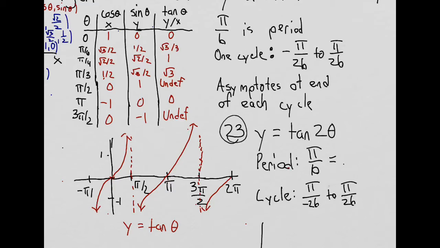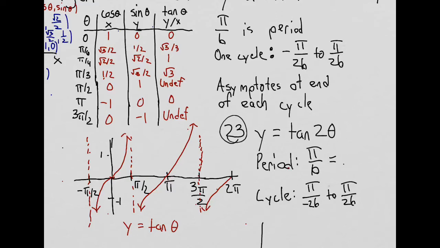I kind of accidentally erased a little bit of it here. But your set of asymptotes is going to go from negative pi over 2 here to pi over 2 there. Okay? And so if I wanted to put in another asymptote, I could sketch that in as well. And that will be there as well. And you notice that the length of this graph, you go from negative pi over 2 to pi over 2.